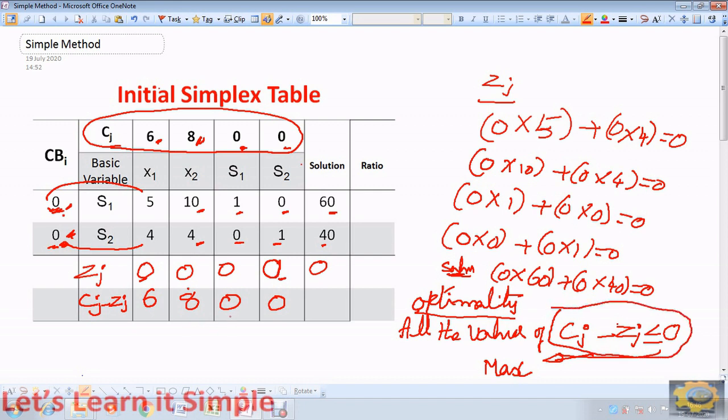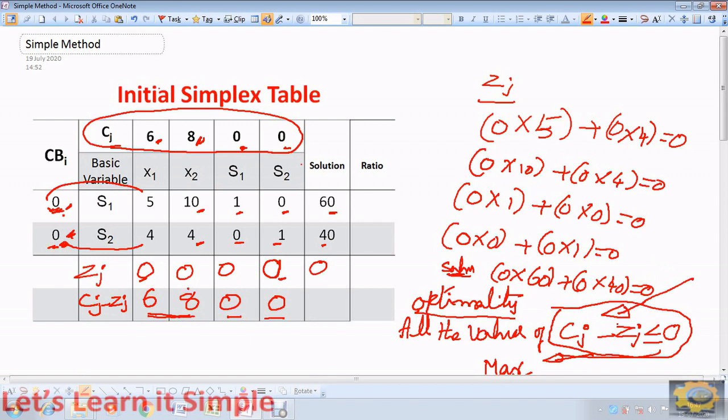If you look here, this is 0, satisfying, but these two are positive values. The condition says we need to get 0 or negative values, but there are two positive values. Since the condition for optimality is not reached, among the Cj minus Zj values, we need to look for the greatest value. So 6, 8, 0, 0, greatest value 8.